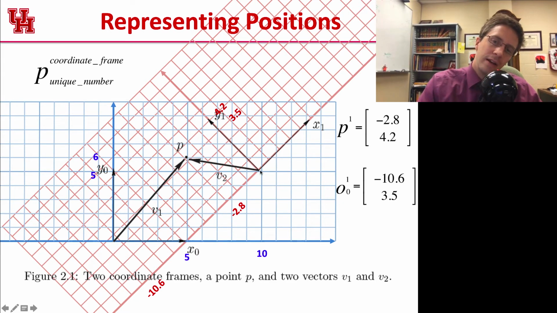Well, to find that, we're going to go 1, 2, 3, 4, 5, 6, 7, 8, 9, 10.6. That gives us our x location, and then we're going up 1, 2, 3, about 3.5 to get this point. And so both of them are valid ways. We're talking about where is the origin of frame 0 in coordinate frame 1. The two valid ways of talking about it.